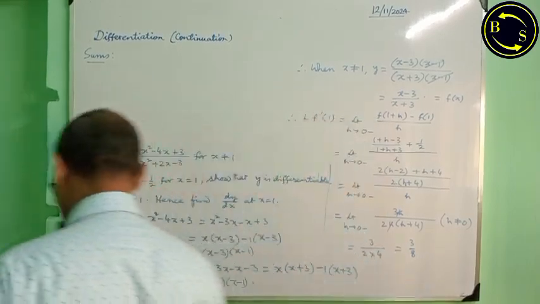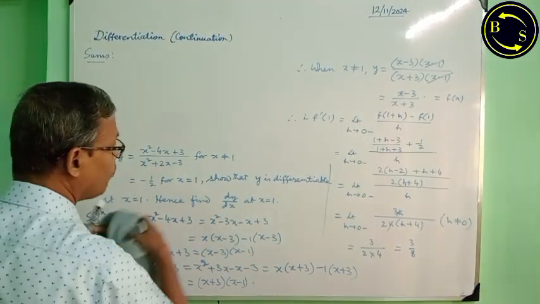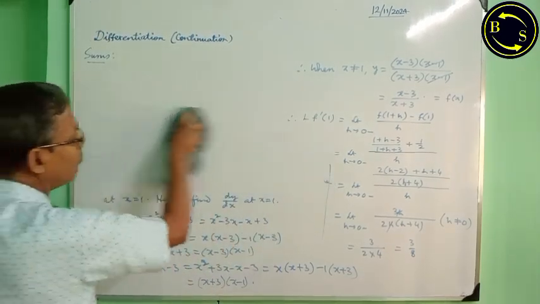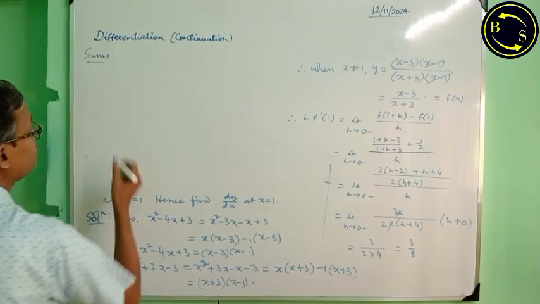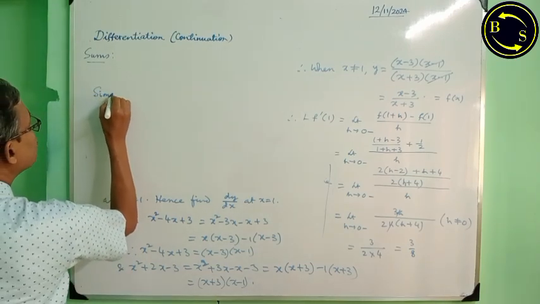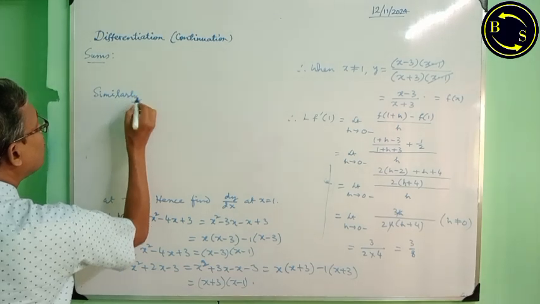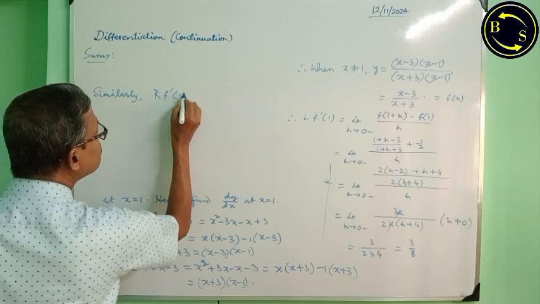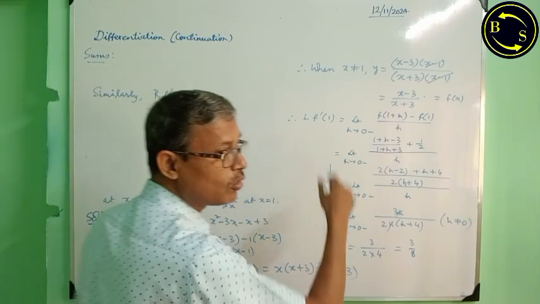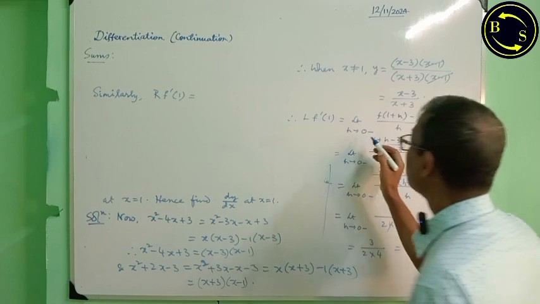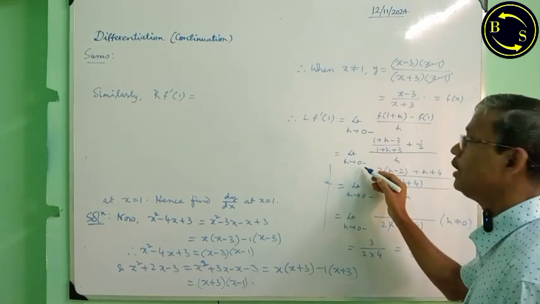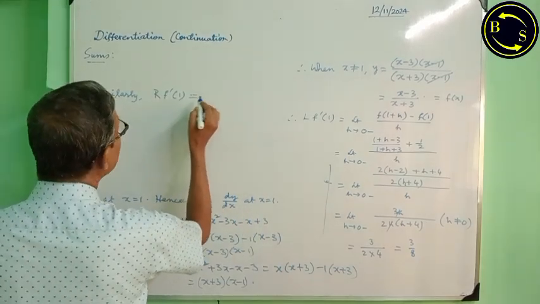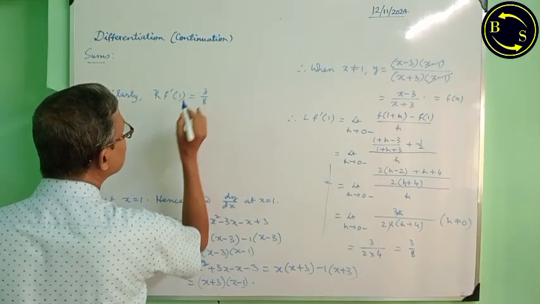Similarly, right hand derivative f dash 1, you calculate yourself following the same steps, only you have to write here h tends to 0 plus, and the final result will be 3 by 8.